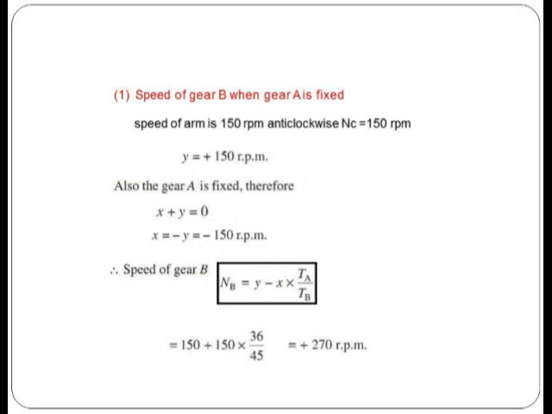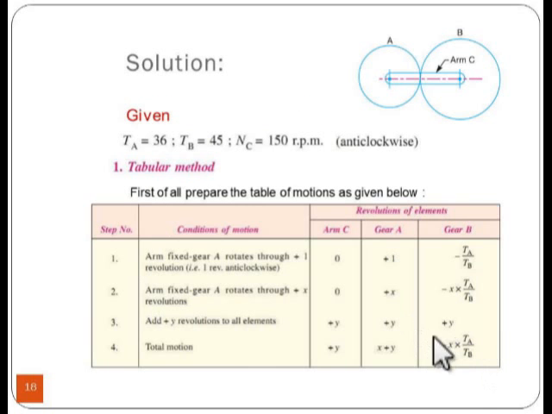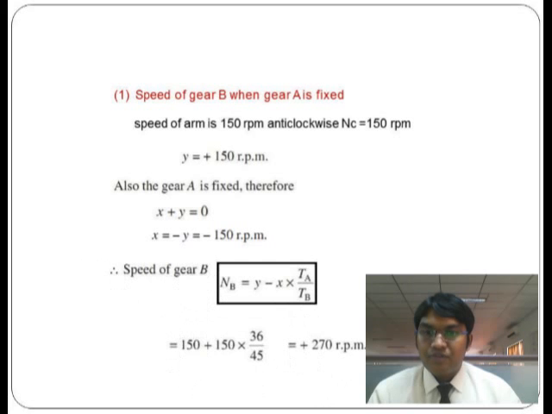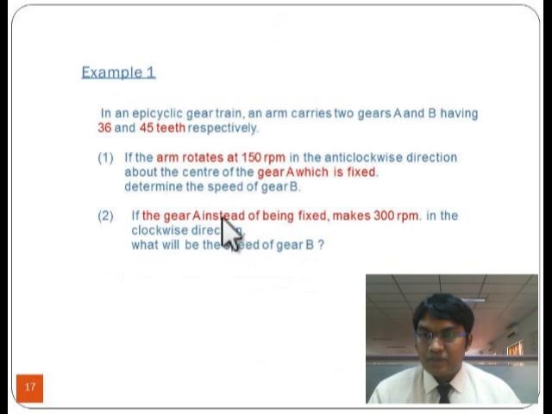Now we need to find out the speed of gear B. This is the formula, y minus x into TA by TB. I know x, I know y, substitute it. You know TA, TB, which is given in the question, 36 and 45. You substitute it, you'll get the speed of gear B as plus 270 rpm. Alright, we have found out the first answer.